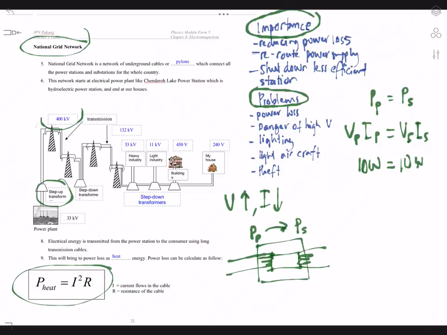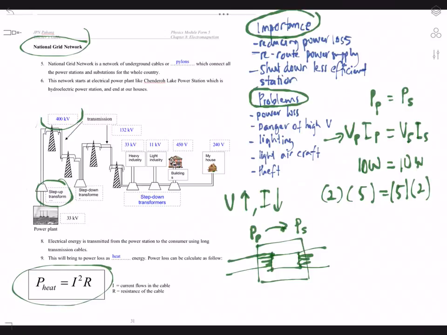So what we do now is we use this formula, and we put numbers here, for example, 2 volt multiplied by 5 ampere of current equals 5 volt multiplied by 2 ampere of current.